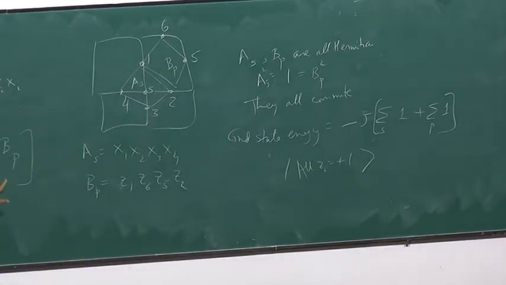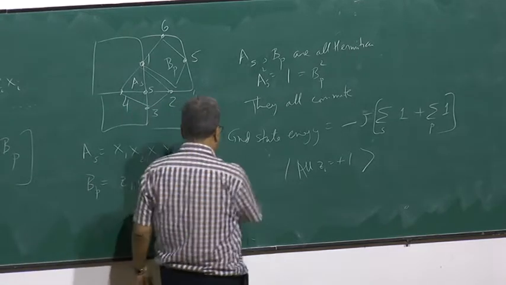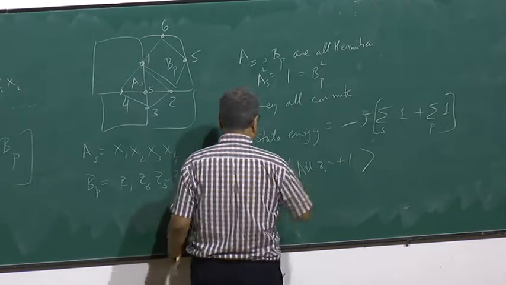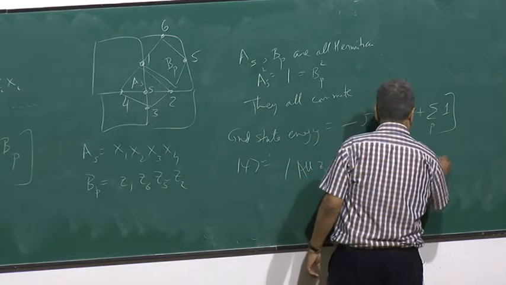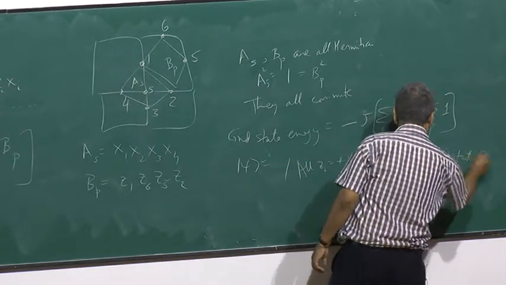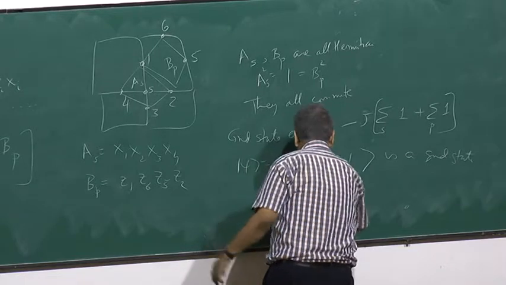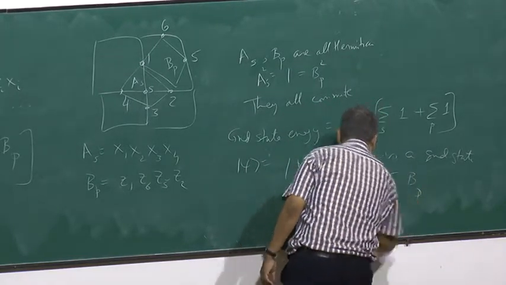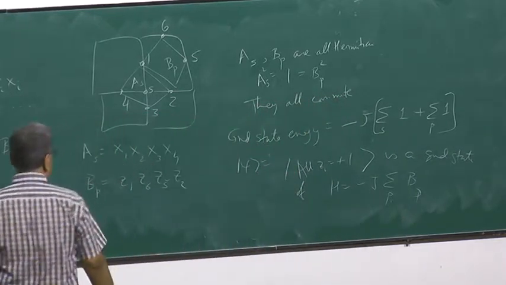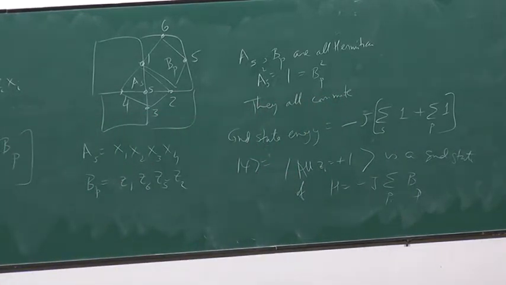So this state psi, which is all spins pointing up, is a ground state of the second part of the Hamiltonian, minus J sum over P of B_P. However, it is not a ground state of A_S.